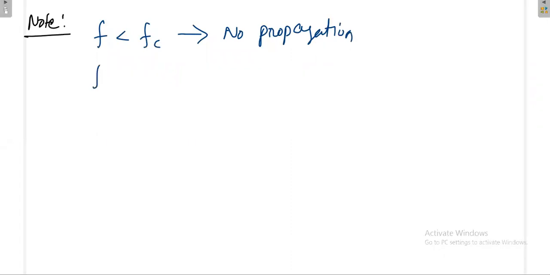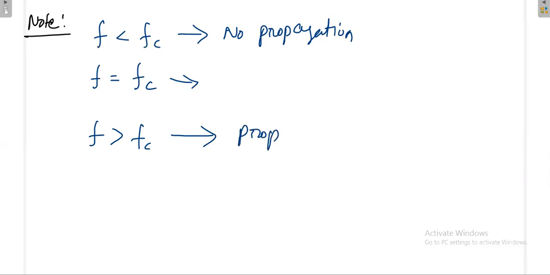Then what happens if my frequency is exactly equal to fc, or if f is greater than fc? If f is greater than fc, definitely there will be propagation. Then exactly at f equal to fc, what is happening?